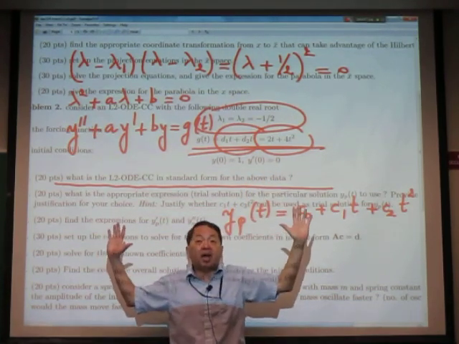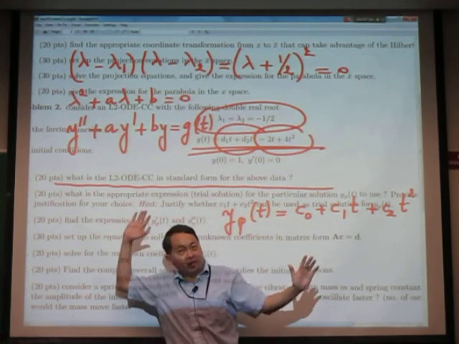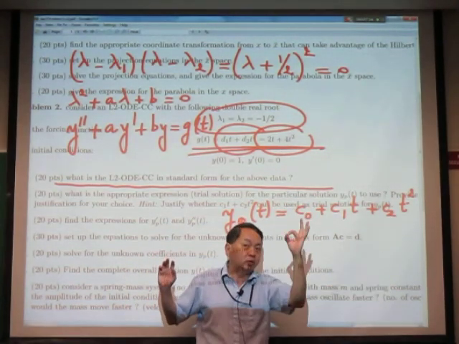So you identify the coefficient of t to the power 0 on the left-hand side with the coefficient of t to the power 0 on the right-hand side, which is 0.